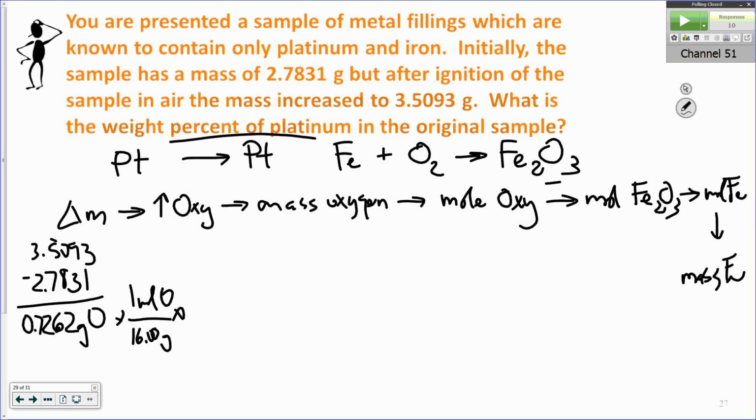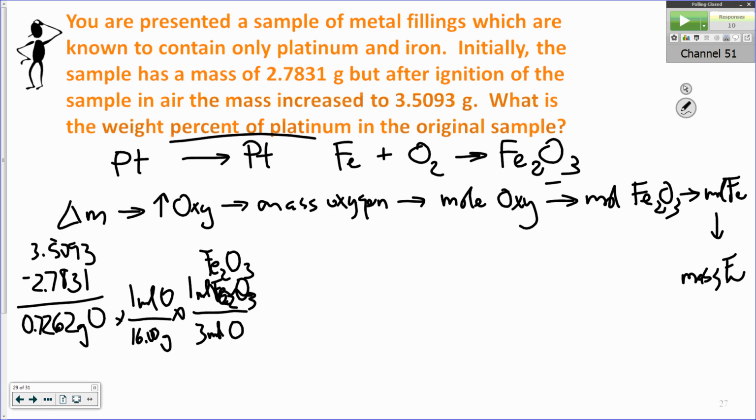Now I can go, there are 3 moles of oxygen per 1 mole of Fe2O3.